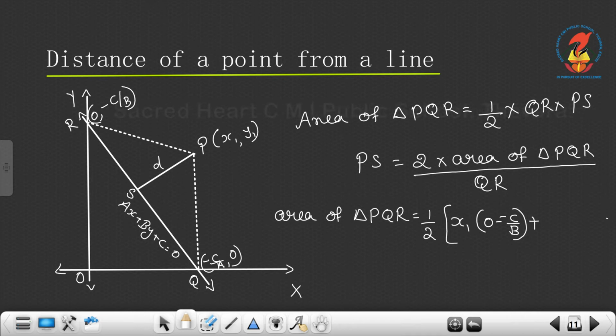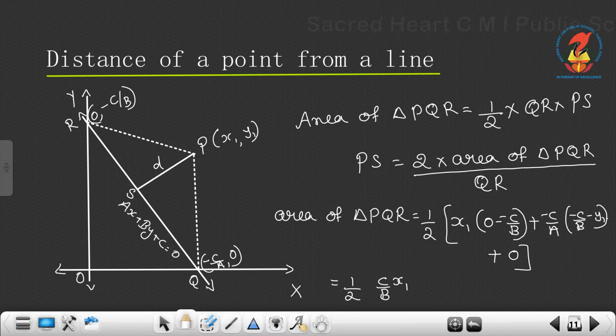Then x2 is minus c by a, times (y3 minus y1), so minus c by b minus y1. Then the last x3 is 0, so that term is 0. So, area is equal to half into (c by b x1 plus c square by ab plus c y1 by a). This is the area of the triangle.